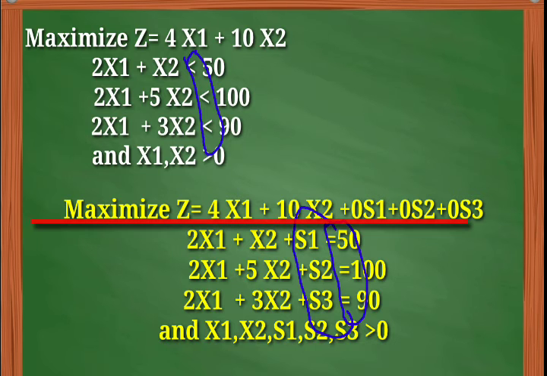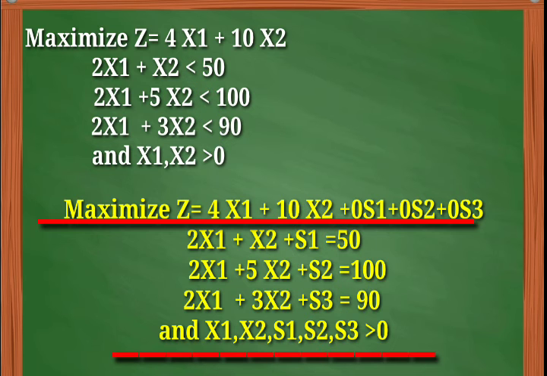Now maximum Z equal to 4x1 plus 10x2 plus 0s1 plus 0s2 plus 0s3, and we add these also in the non-negative constraints. The non-negative constraints will be like x1, x2, s1, s2, s3 greater than or equal to 0.